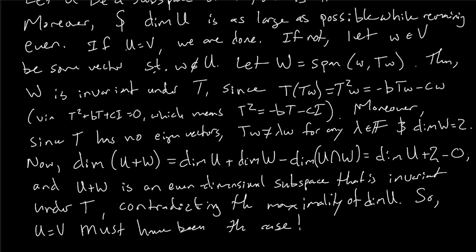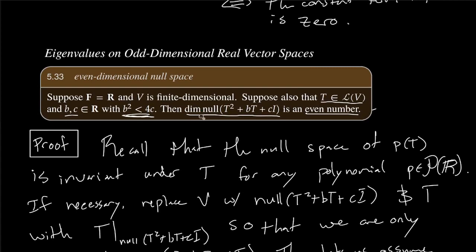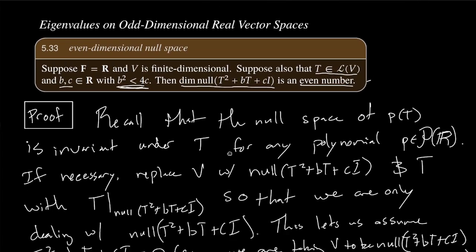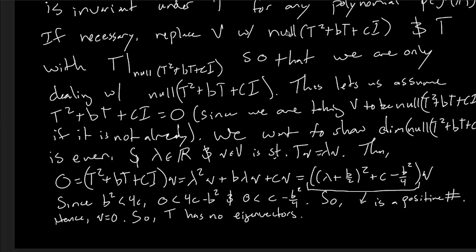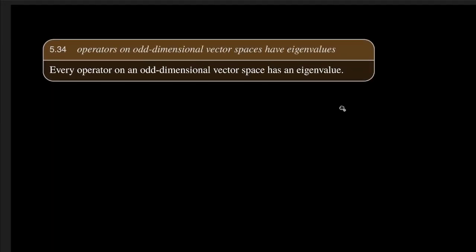So it must have been the case that U is equal to V. Now, what this has shown is that the dimension of the null space of T squared plus BT plus CI is even, since V we took here to be the null space of T squared plus BT plus CI, mostly just to save ourselves a little bit of writing. Okay, cool. Let's go into the final result and show that every operator on an odd dimensional vector space has an eigenvalue.